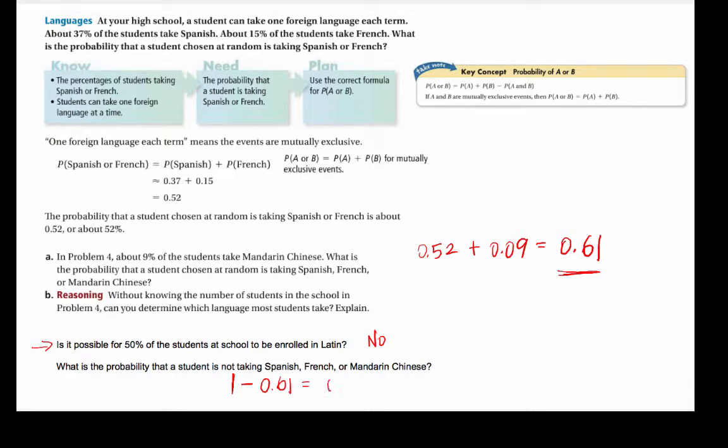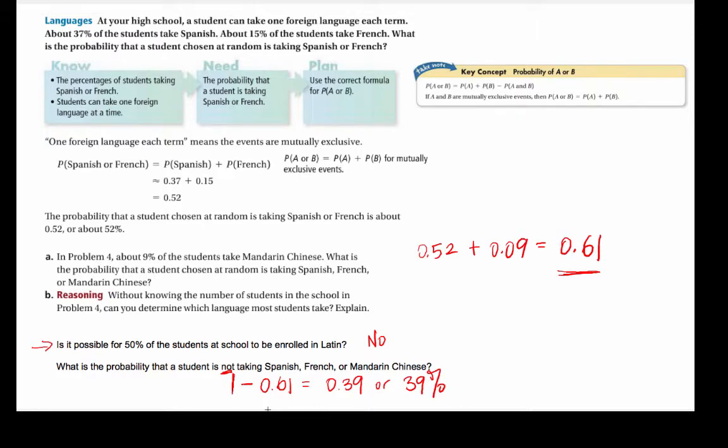So when I do that calculation, I get 0.39, or 39%. So anytime you're doing a not problem, what is the probability that something is not going to happen? Do 1 minus the probability that that something does happen. Because a lot of times we will know these. And that's how we calculate the probability of not that.